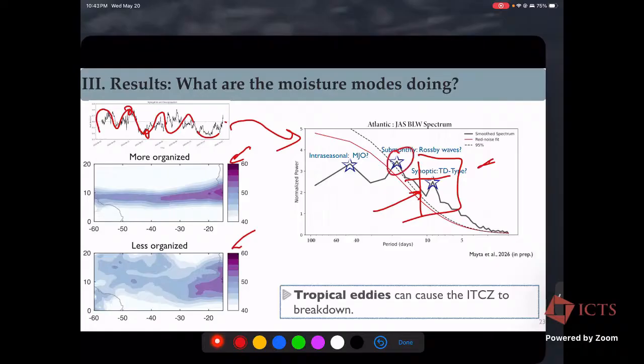You can also identify a second peak here in the sub-monthly time scale, where other waves play the same role, which we can attribute to the Rossby waves. Regarding the Madden-Julian oscillation, in the seasonal time scale you can identify a peak here, but it's not significant according to our analysis. This is calculated over the Atlantic region, where the Madden-Julian oscillation basically doesn't show strong activity.